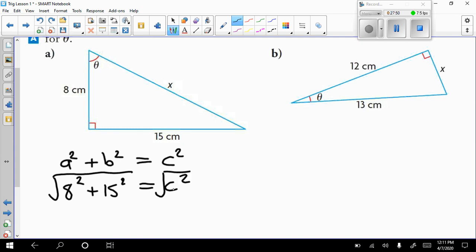So in this case, x is our hypotenuse. Make sure that you always put the hypotenuse on its own side. For b, it's going to be a little bit different. But here we go, 8 squared plus 15 squared, and then square root.